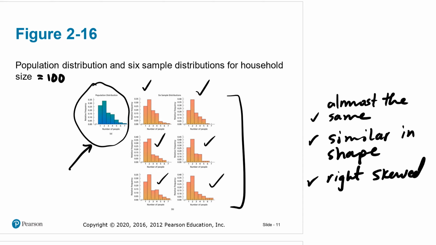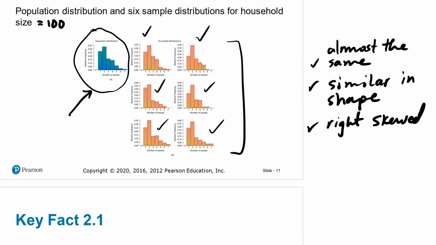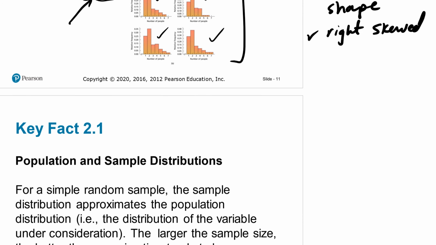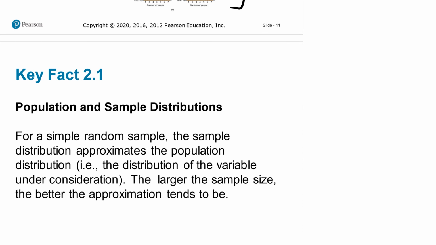The more we increase the sample size, the better the study we're going to have. And that's what is being mentioned here. For simple random sampling, the sample distribution approximates the population distribution. And the larger the sample size, the better the approximation tends to be. This is very important.